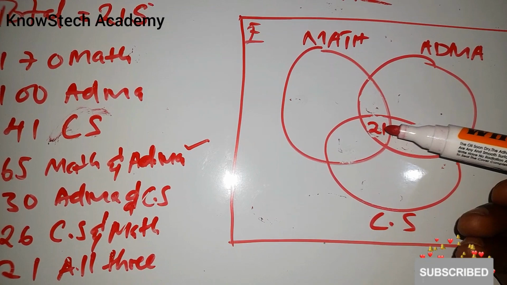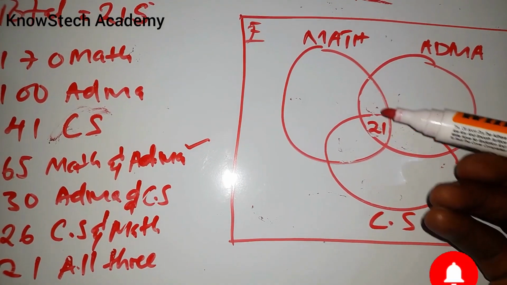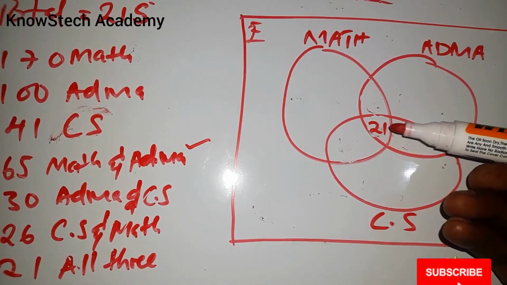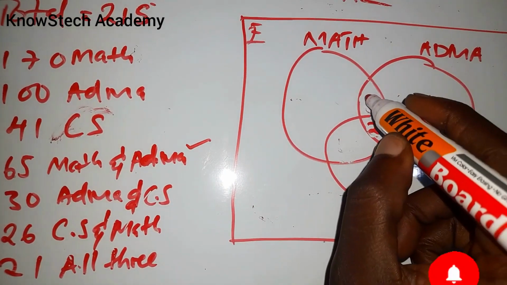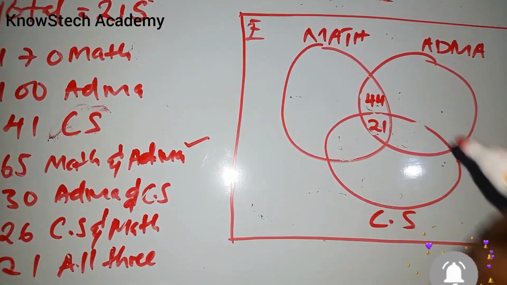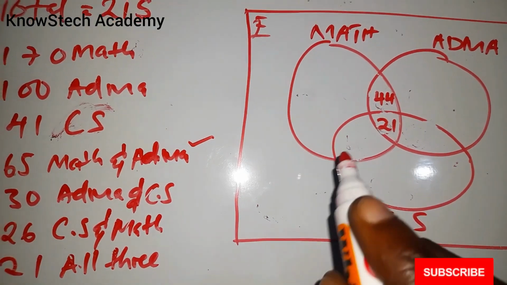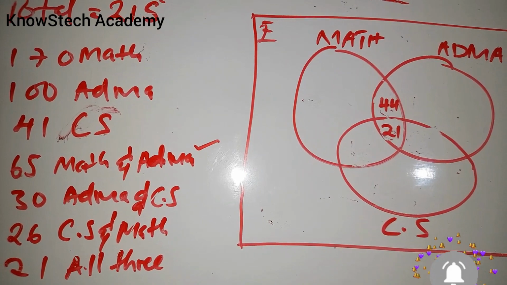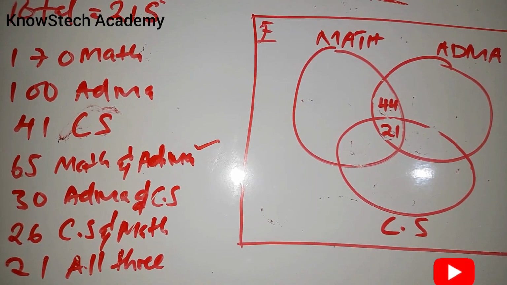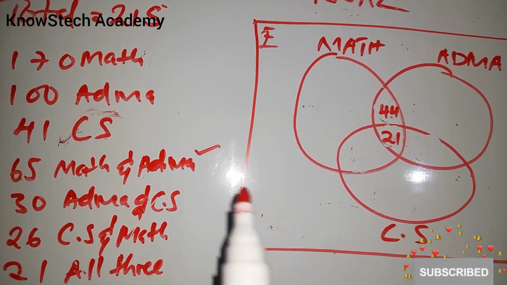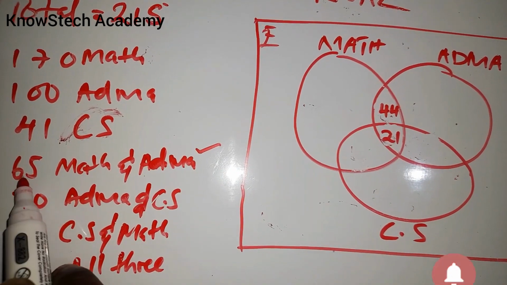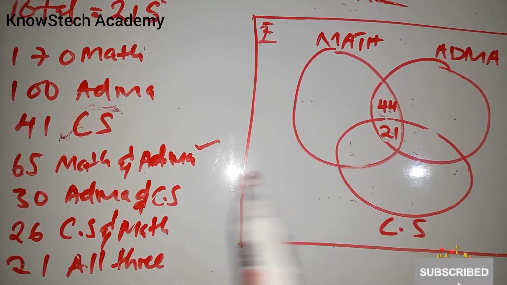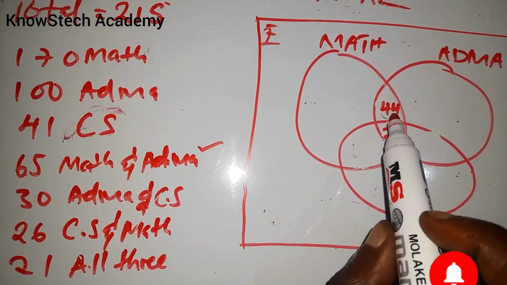So what we're going to do, we subtract 65 minus the 21, which is already here, and the difference is what you're going to write here as 44. Don't write 65, you subtract. But if they tell you that 65 taught mathematics and ADMA only, you just write the 65 the way it is.